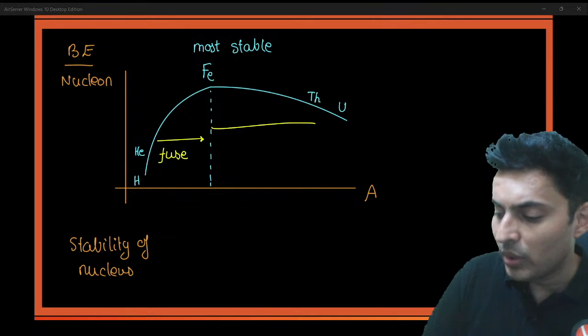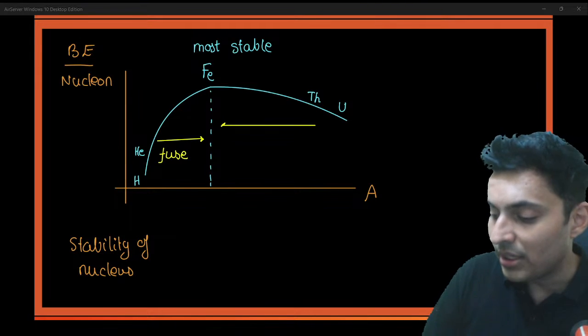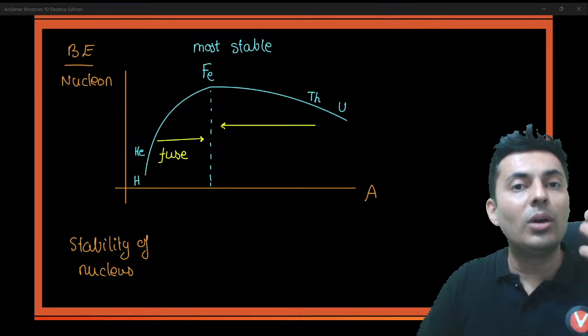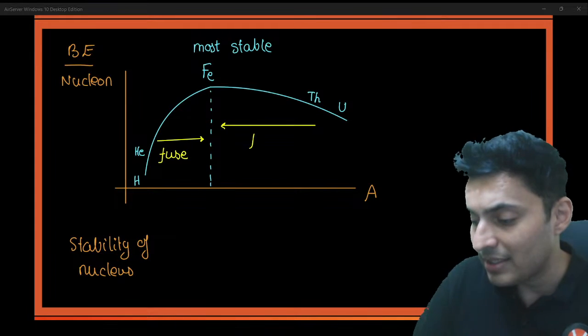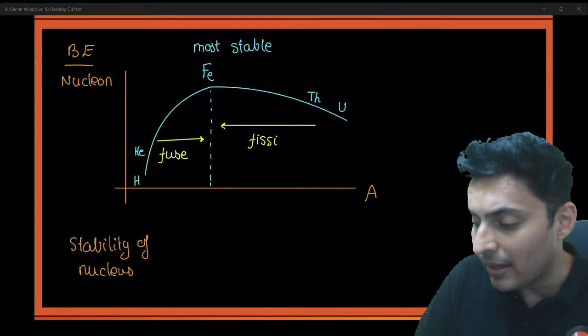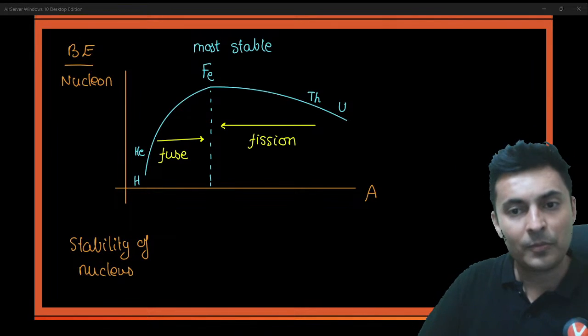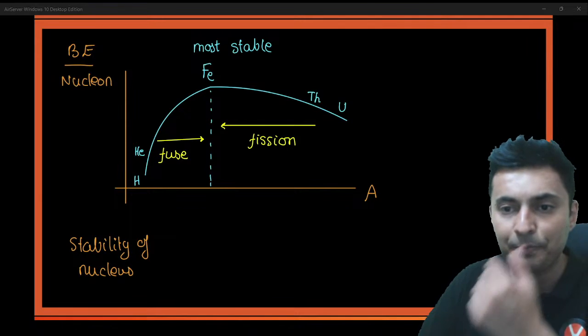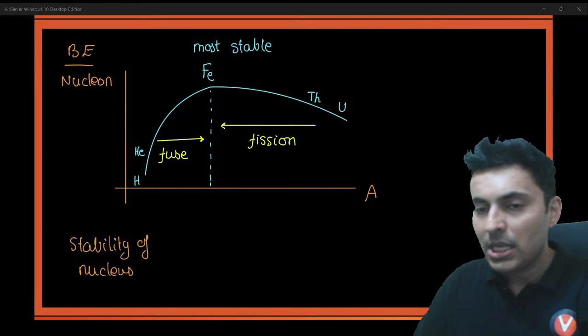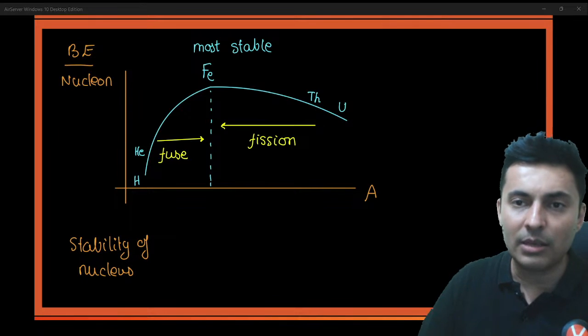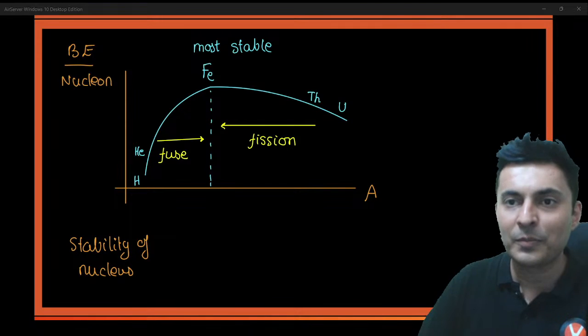Elements like thorium, uranium, etc., they would tend to disintegrate and break into small parts in order to achieve higher stability. So they basically undergo nuclear fission. What do they undergo? Nuclear fission. Is this clear, my dear warriors? Very good. Awesome. These are another set of important things which you must know, my dear warriors. Great.